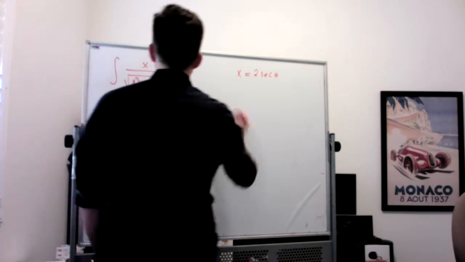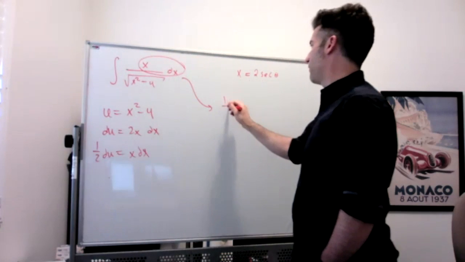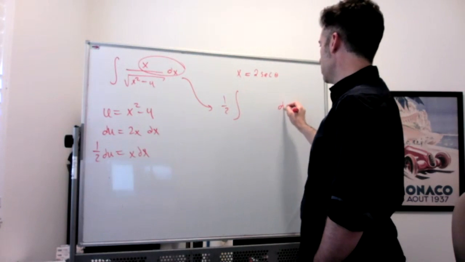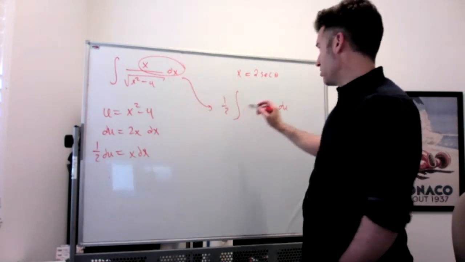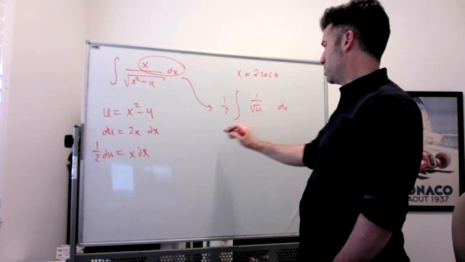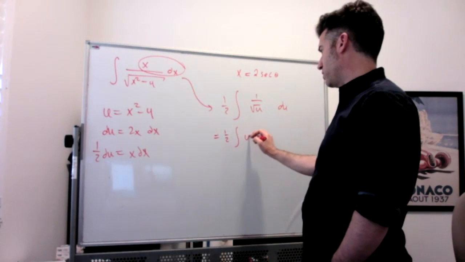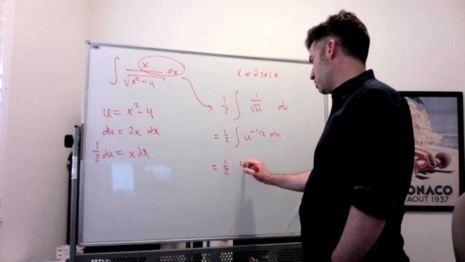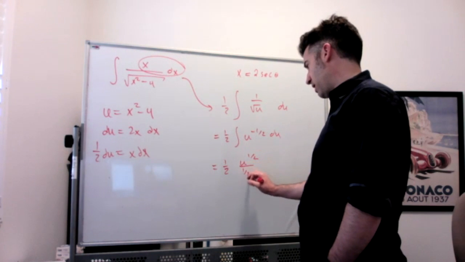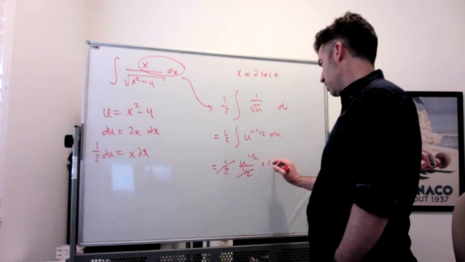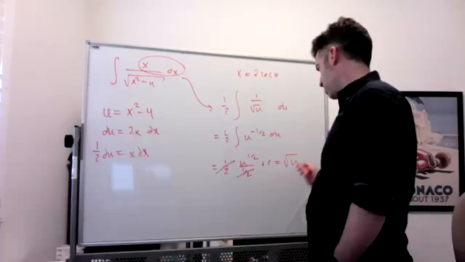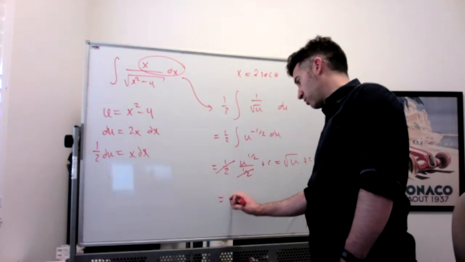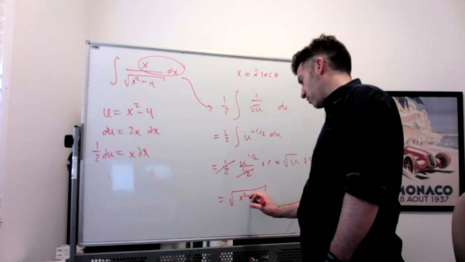That's going to be, so x dx is 1/2 du, and that's just 1 over the square root of u, which is just 1/2 the integral of u to the minus 1/2, which is 1/2 u to the 1/2 divided by 1/2. Those cancel. So you just get the square root of u plus c, which is just the square root of x squared minus 4.